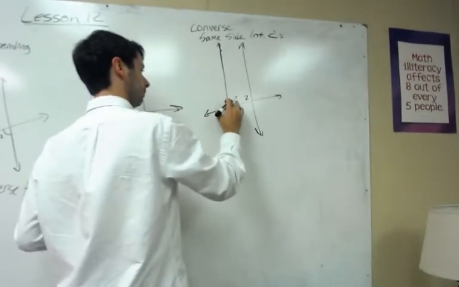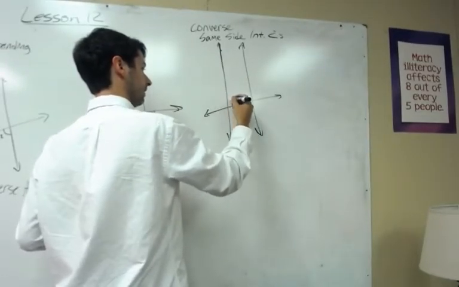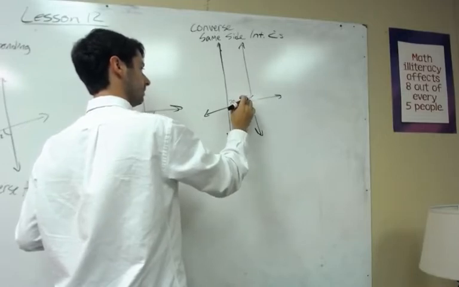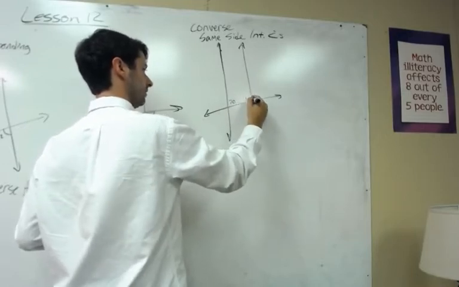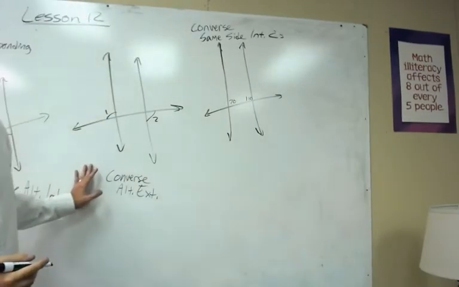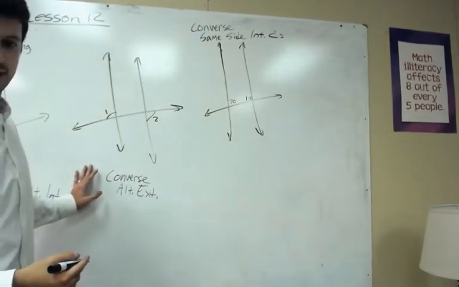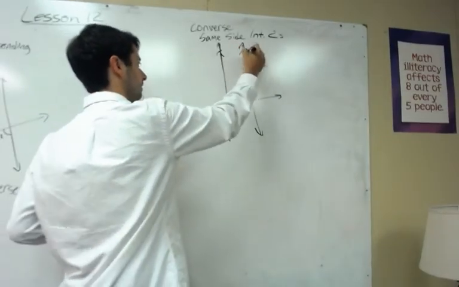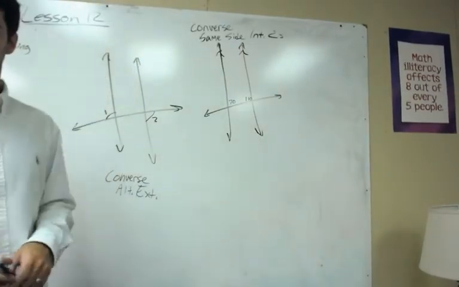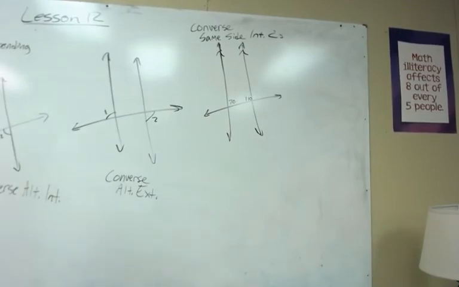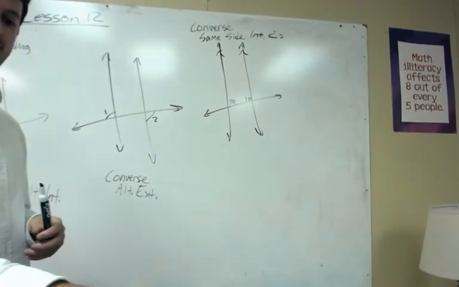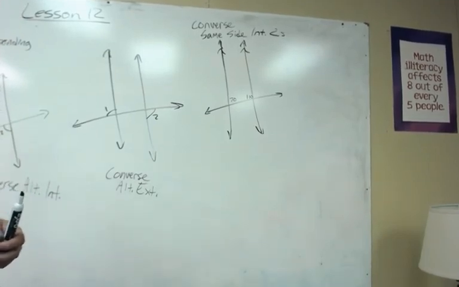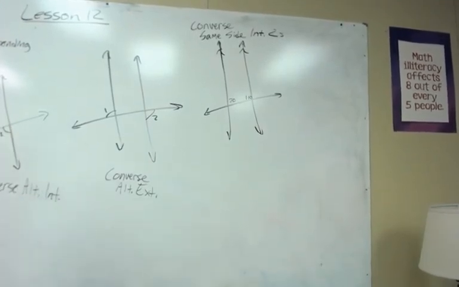So if angle 1 was 70 and angle 2 was 110, those are supplementary. They add up to 180 degrees. Therefore, the two lines are parallel. And that's just another way to prove that lines would be parallel. And that is all there is to lesson 12. Very short, brief, easy definition lesson.